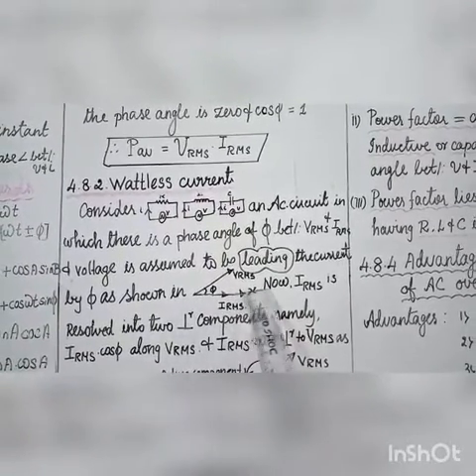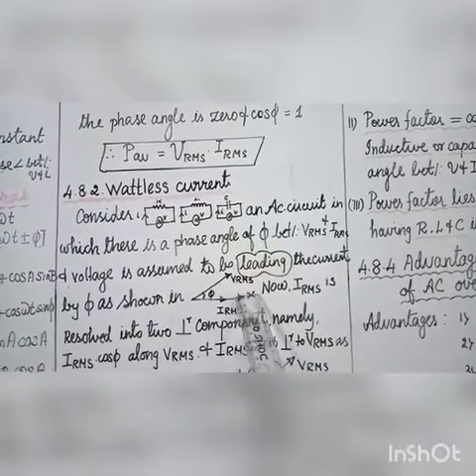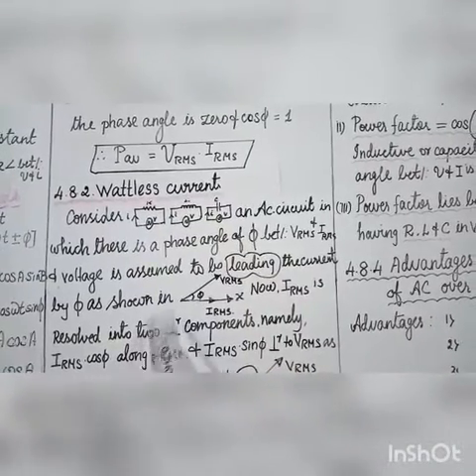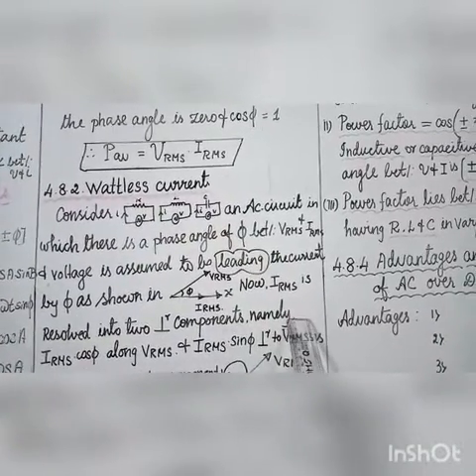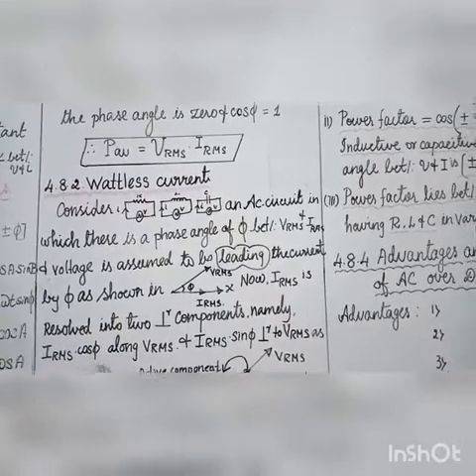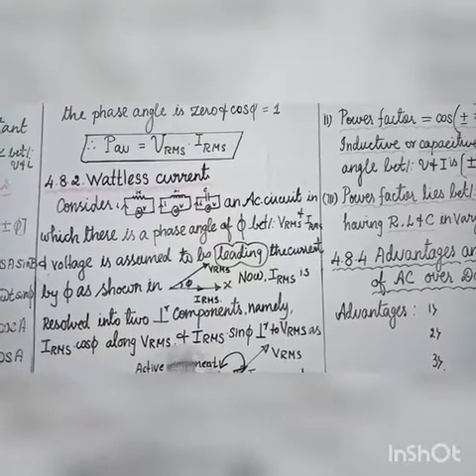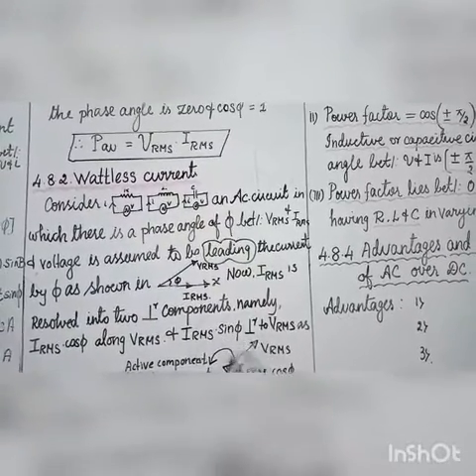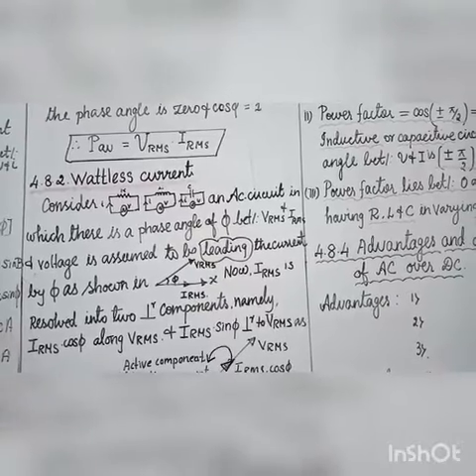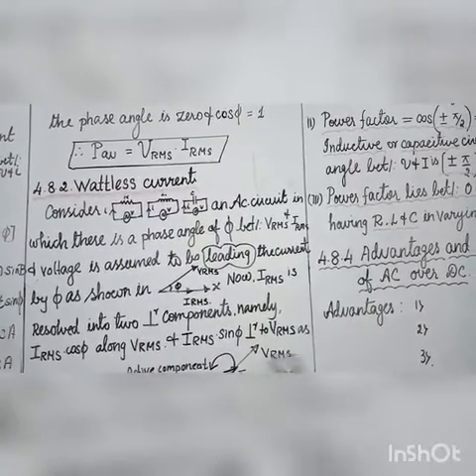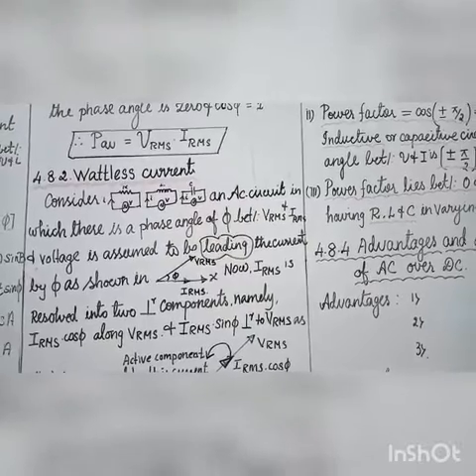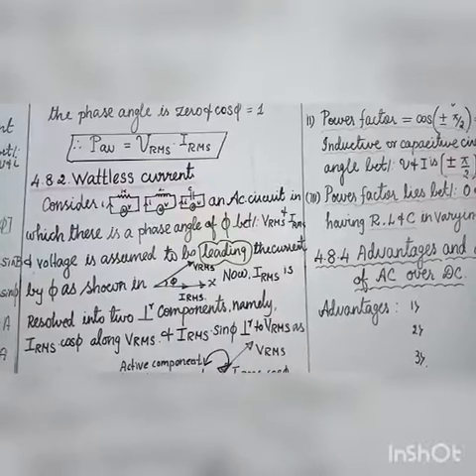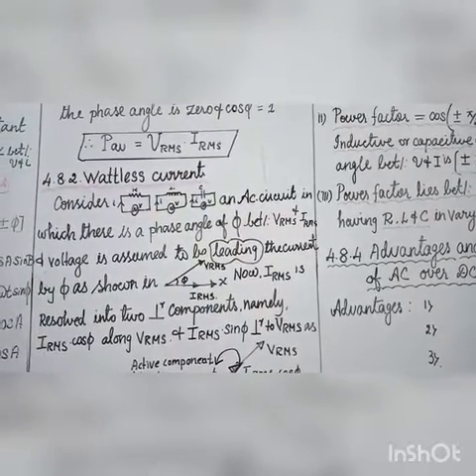Irms is resolved into two perpendicular components, namely Irms cos phi along Vrms, and Irms sin phi perpendicular to Vrms. This component Irms cos phi, which is in phase with the voltage, is called the active component.